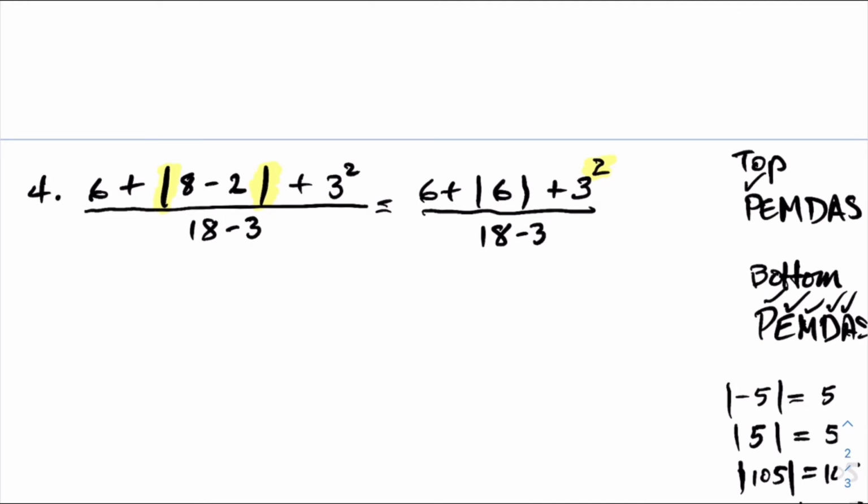So at the top, we do have an exponent, so we leave everything else the same. The absolute value of 6 is 6, as we showed in the example earlier. And 3 squared, 3 to the power 2, is the same thing as 3 times 3, which is 9.